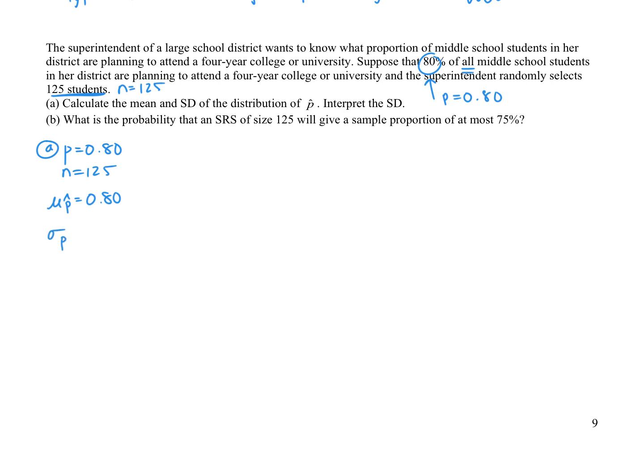The standard deviation, on the other hand, is going to be the square root of 0.8 times 1 subtract 0.8, over 125, which is 0.036.